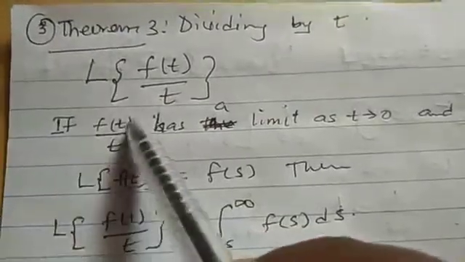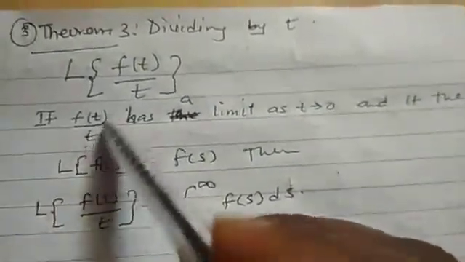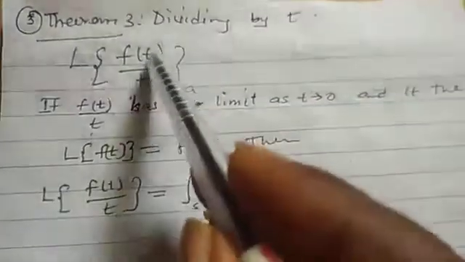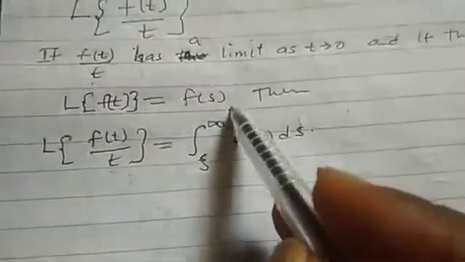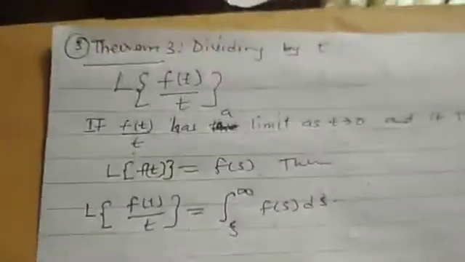The theorem says if f of t over t has a limit as t tends to 0, that is, if you can find the limit as t tends to 0, and if the Laplace transform of f of t is equal to F of s, then Laplace transform of f of t over t is equal to the integral from s to infinity of F of s ds. So what matters here is how to find the Laplace transform of that f of t. This one leads to integration.